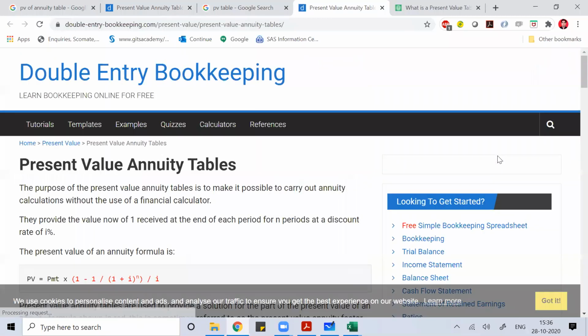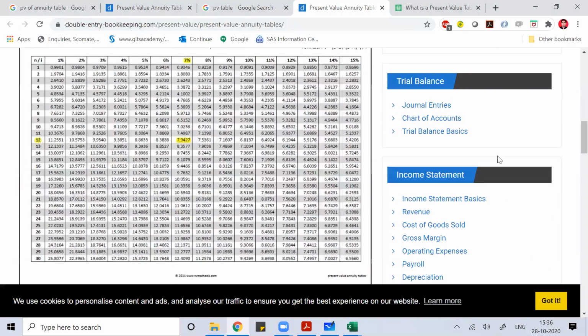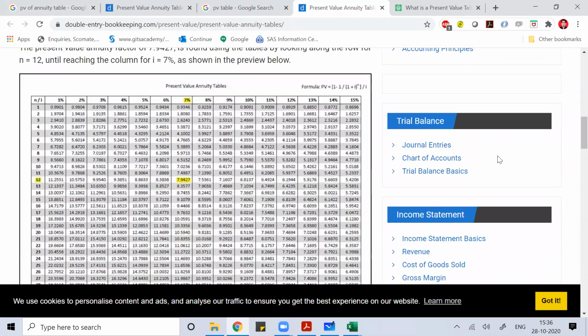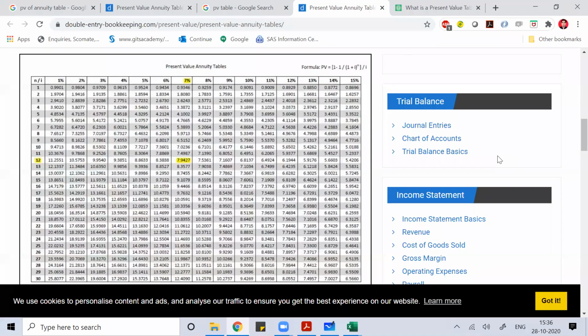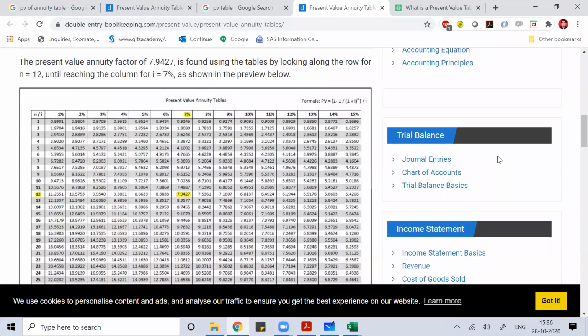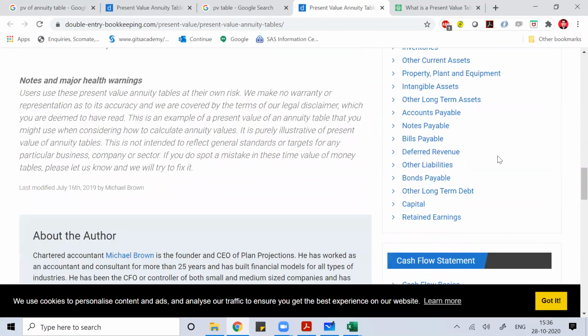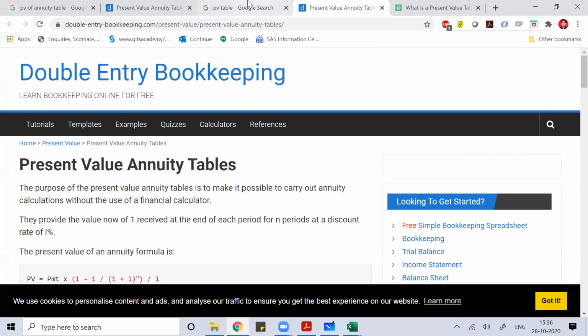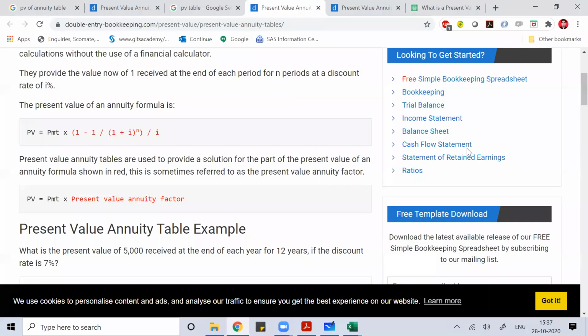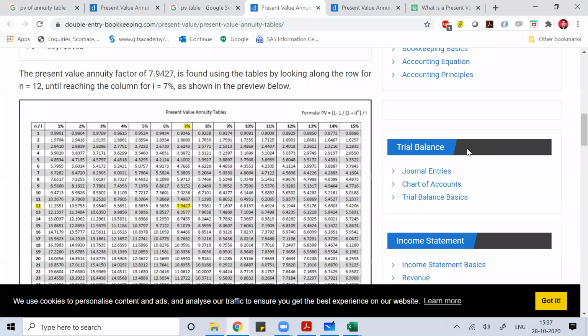Let's see if 15% is there. 15% for 4 years. No, this is the annuity table only, the present value of annuity table. You can see the heading of the table; in case of any doubt or confusion, check the heading, which says present value.